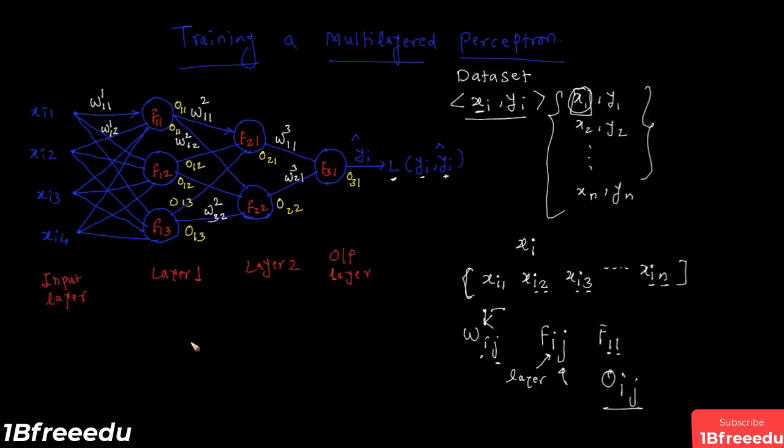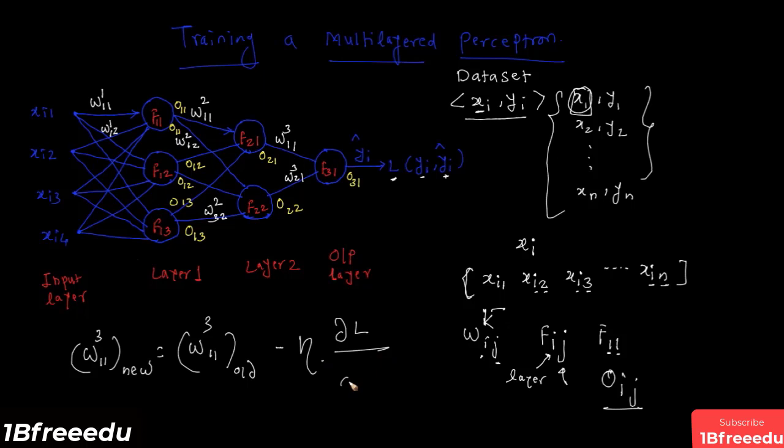That means if I want to update this weight w3 11, I'll have to say w3 11 new is equal to w3 11 old minus eta times derivative of loss with respect to w3 11 old, right?